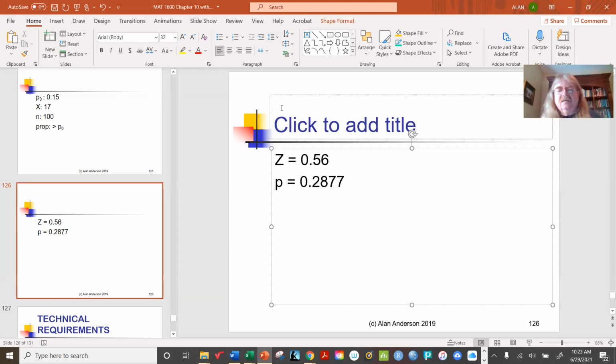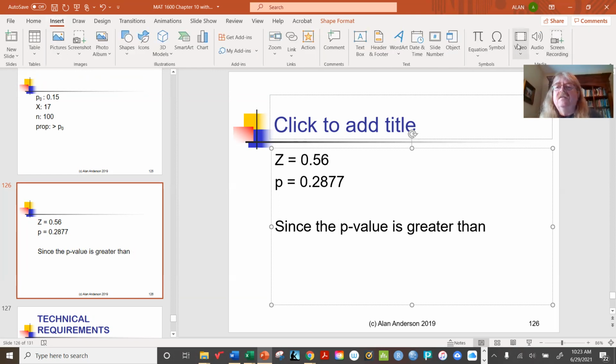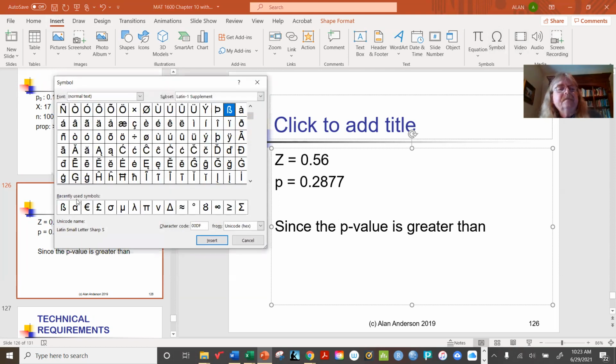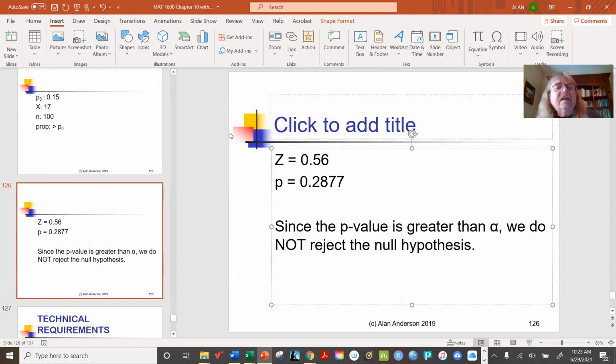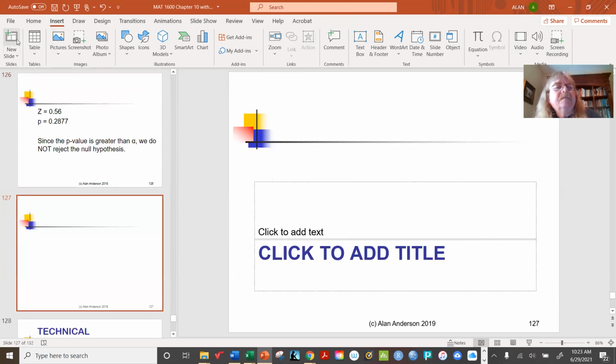So that means, of course, since the P value is greater than alpha, we do not reject the null. So you can see it's pretty straightforward.